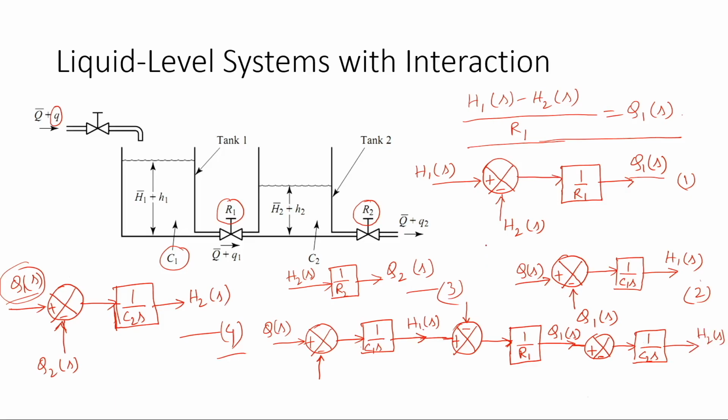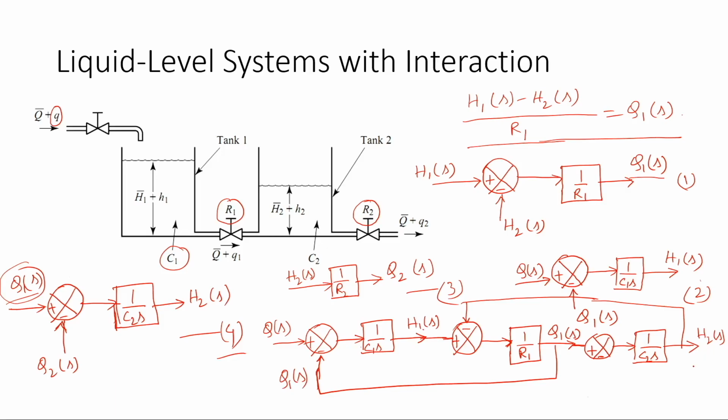So, see this H2S is the input here. So, H1S minus H2S. This H2S is connected here. Okay. Now, this is actually QS minus Q1S. This Q1S you are getting here. So, this Q1S will be connected to here. This is your Q1S.